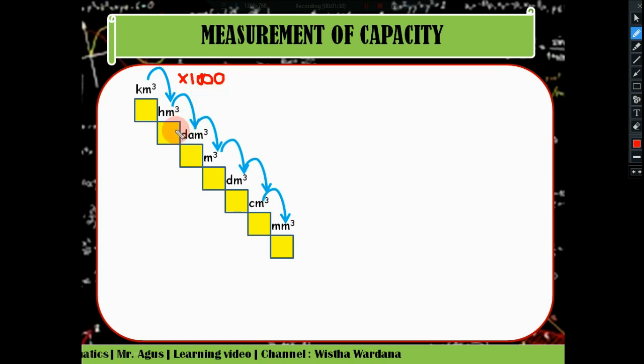From cubic of hectometer into cubic of decameter, you have to multiply by 1000 also. From cubic of centimeter into cubic of millimeter, you have to multiply by 1000 again. So in every single one step move down from the other measurement, you have to multiply by 1000.